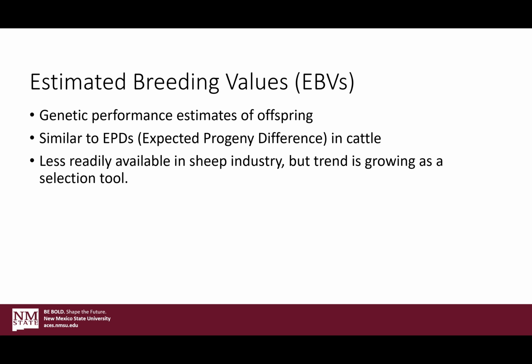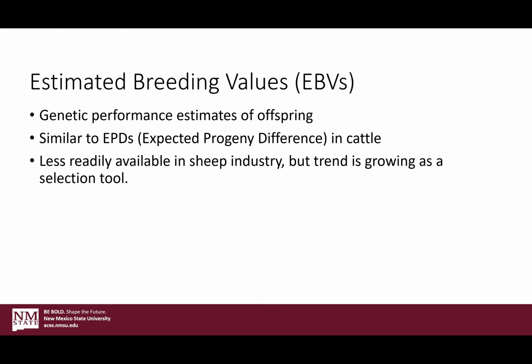Okay, so right now, there's a lot of internet information. You can go to websites, learn a lot about these EBVs, but, I know this sounds sort of silly to bring it up, the reason I do is because this is something that's coming down the pike as being more prevalent in the sheep industry, and it's good to be ahead of the game in that regard.